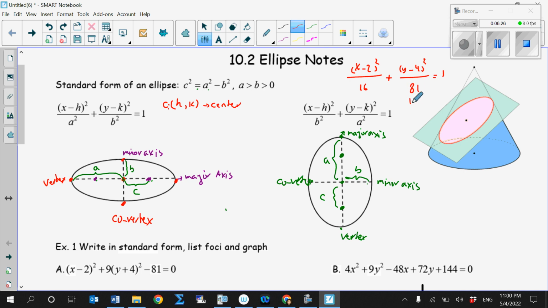The bigger denominator is always a squared, basically. If the bigger number is under y, this is vertical. But if you have, let's say, (x minus 2) squared over 81 plus (y minus 4) squared over 16 equal to 1, now the bigger number is under x, so this is horizontal.